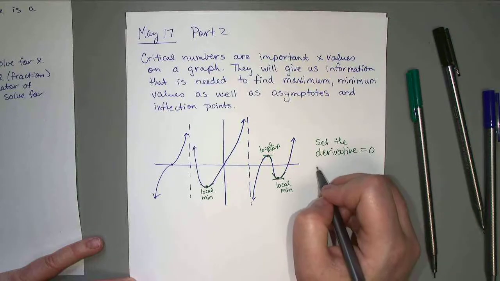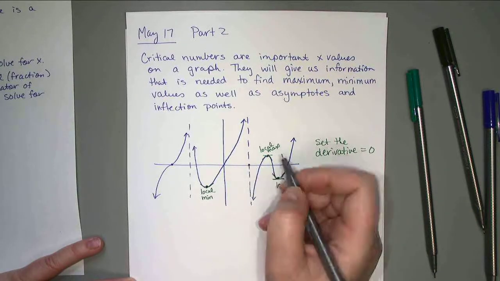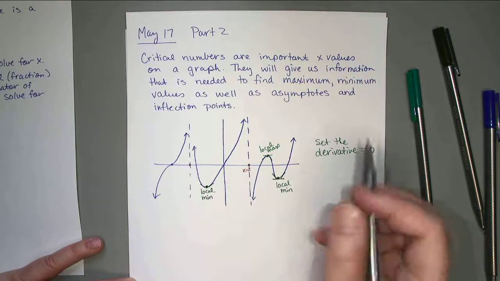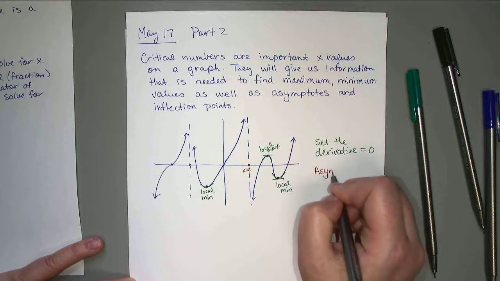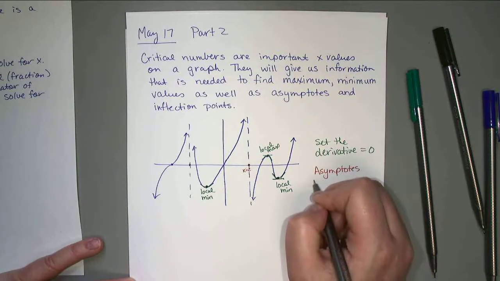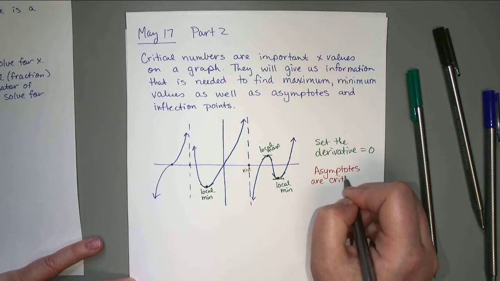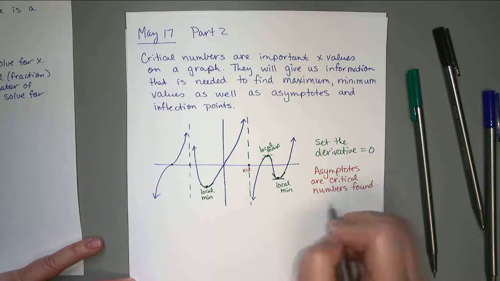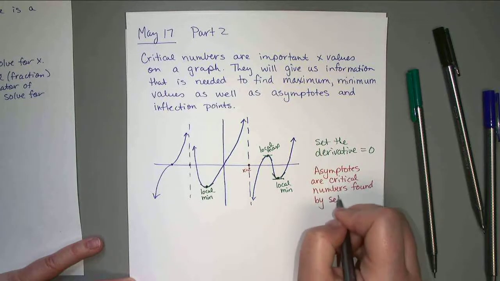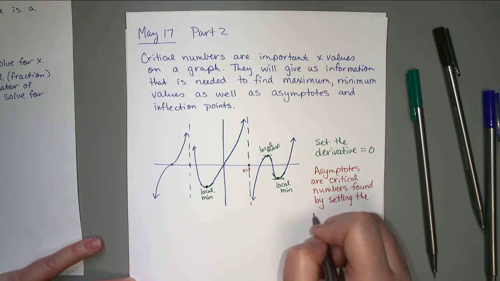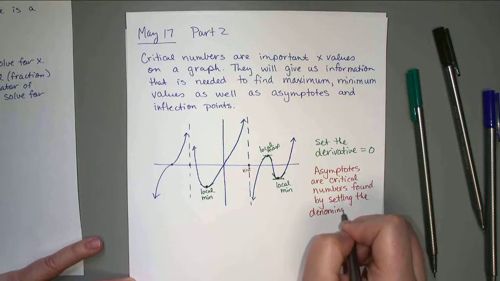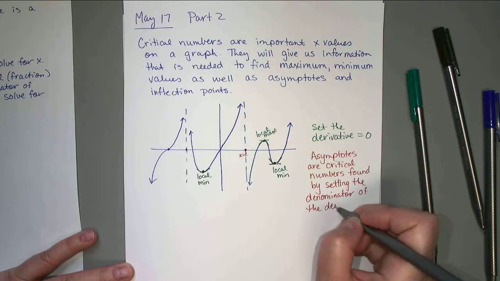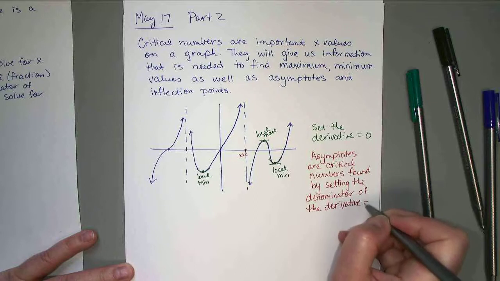The other place there are critical numbers are at the asymptotes. So here, whatever x value this is, say this is x equals 2, then the asymptotes are critical numbers found by setting the denominator, the bottom, of the derivative equal to 0.